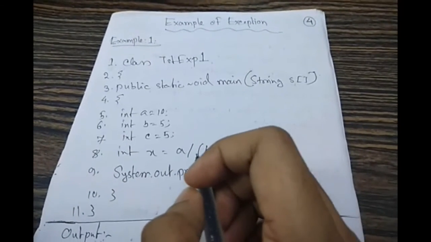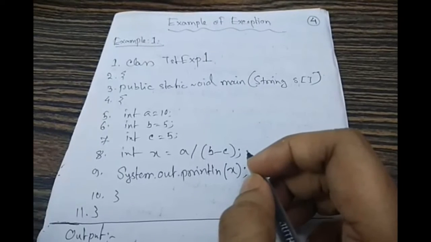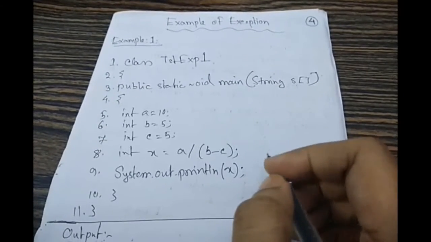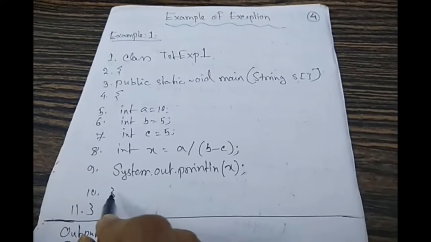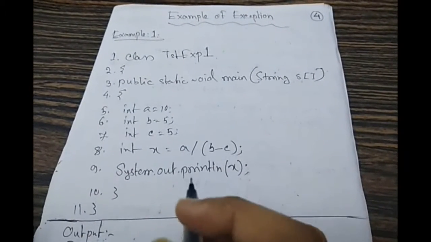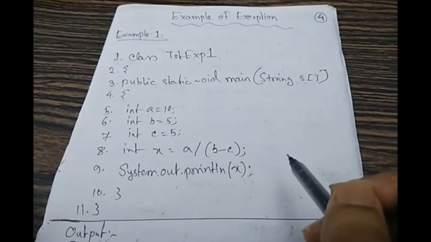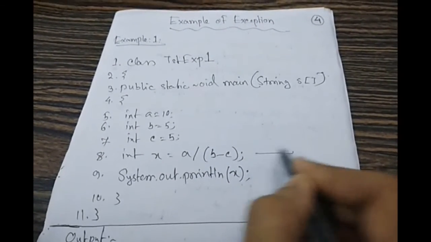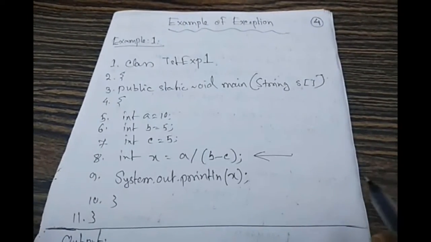Next we write a statement, that is int x equal to a by b minus c, and then system.out.println x, and close the class. So in that particular code you can find that in this statement there is a division by 0 error.